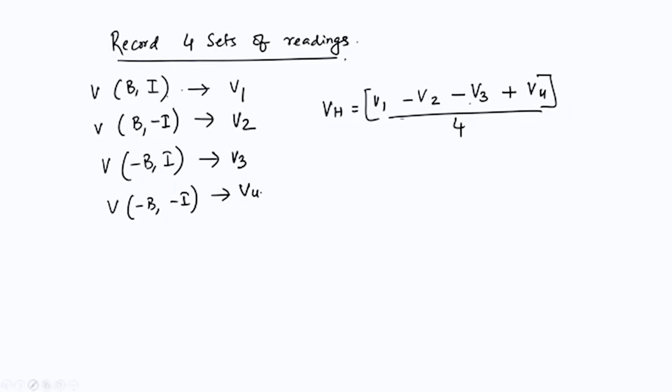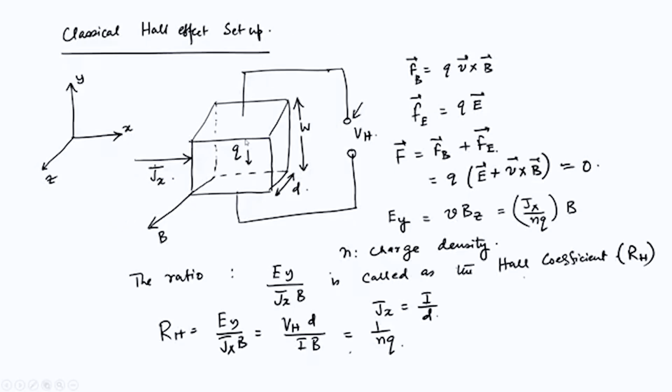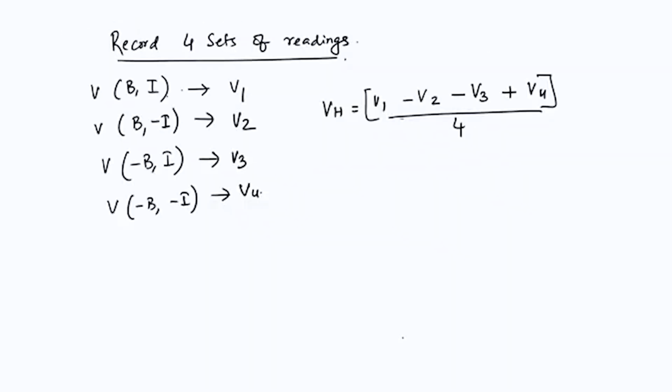So this is the expression for the Hall voltage, and you note down the Hall voltage. Once you get the Hall voltage, you know the current and you know the dimensions of the system, which is D and I, and you also know the magnetic field, so you can get RH, which is nothing but 1 over NQ.